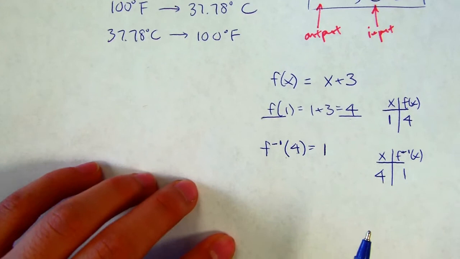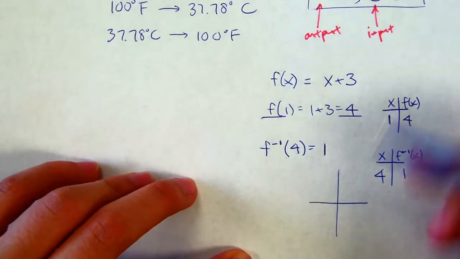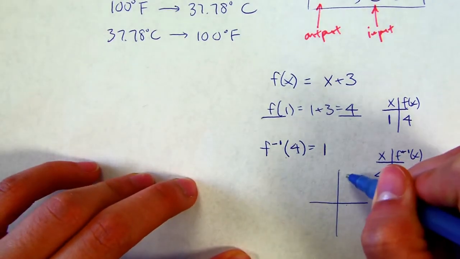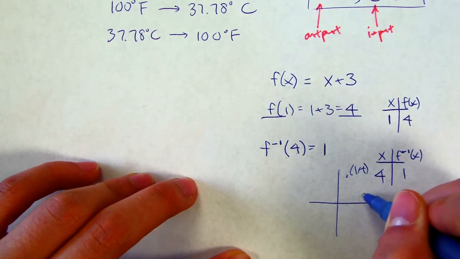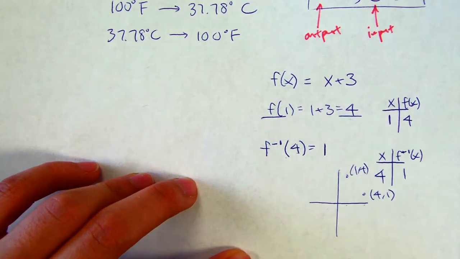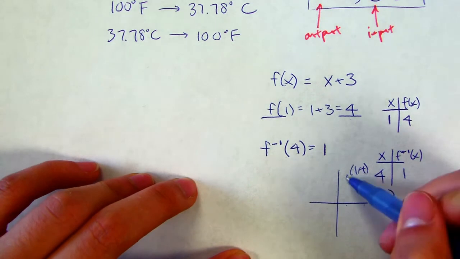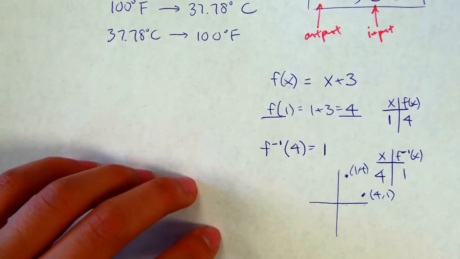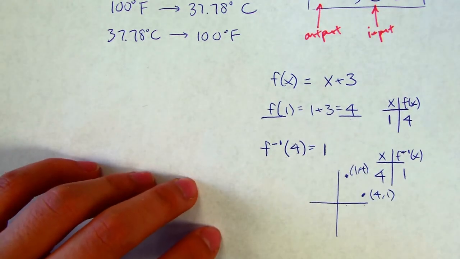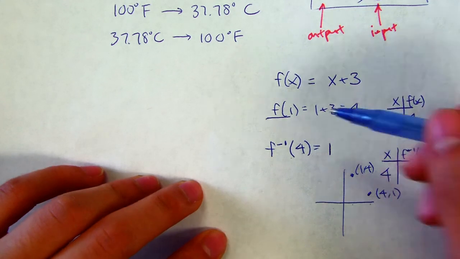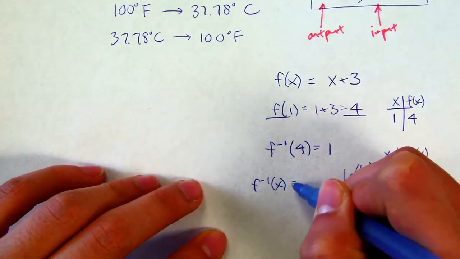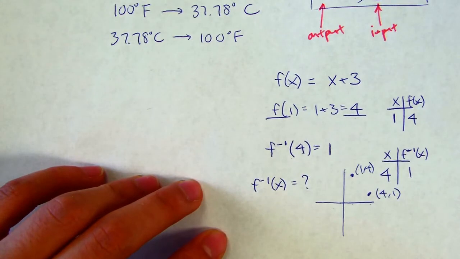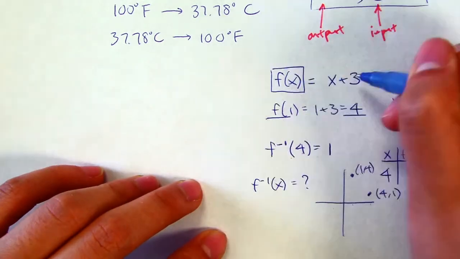In much the same way, when you graph it, you'll see that one has a point at 1, 4, and the other graph has a point at 4, 1. These 2 points are points on the inverse function. Now, how can we solve for the equation of the inverse function of f? Well, this is our output, this is our input.